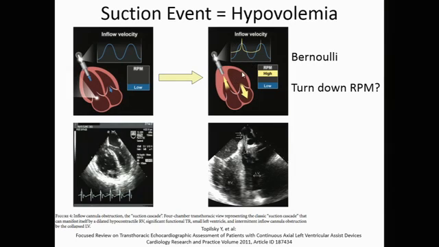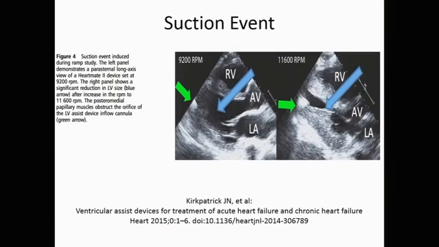When that happens, the septum's been sucked over, the RV dilates, the tricuspid valve dilates, and you get tricuspid regurgitation. And so the device will chatter and it will alarm, and the response to this is to give volume, and if that doesn't work, turn down the flow, or turn down the pump speed. But generally speaking, the most important thing you can do in these people is give volume.